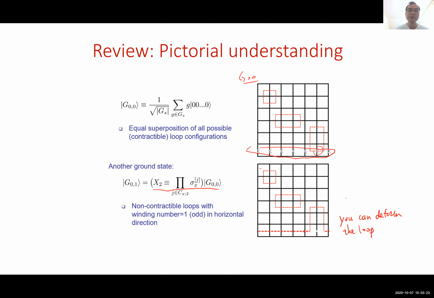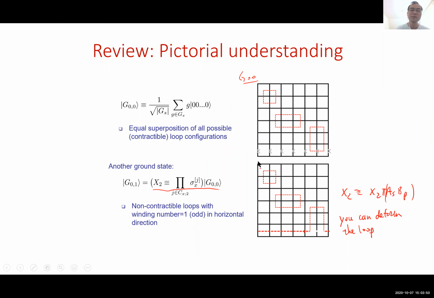So basically, what I'm saying is that X2 is the same as X2 times any star operator or plaquette operator in any combination, right? If I do that, this particular configuration is different, but there will be another configuration that turns into this one as well.